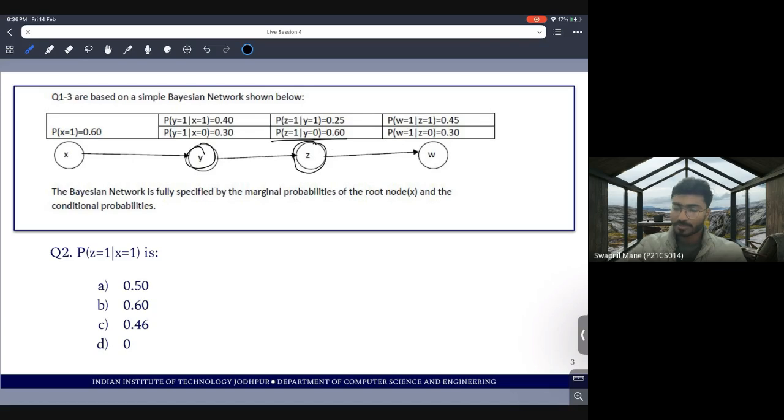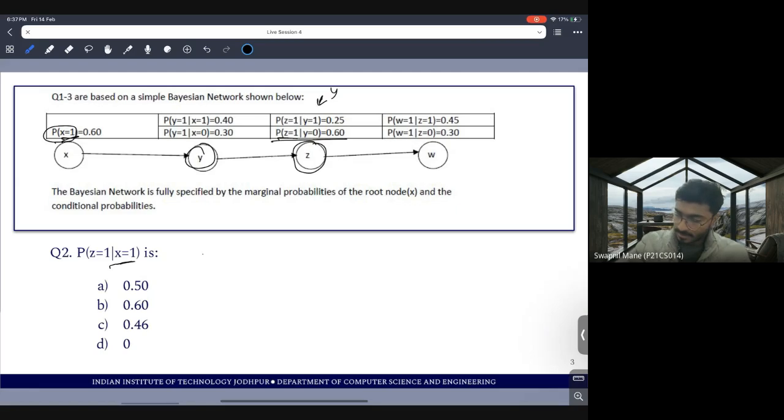But the question is asking about the probability of z is equal to 1, given that x is equal to 1. We need to calculate the conditional probability of z equal to 1 given the x values. So how can we calculate it?